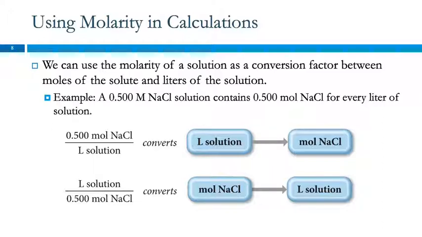When we have a molarity of a solution, then we can measure out quantities of the solute using volumetric glassware, beakers, graduated cylinders, instead of weighing everything. And so it makes things a lot more convenient.